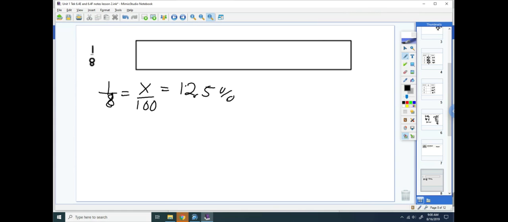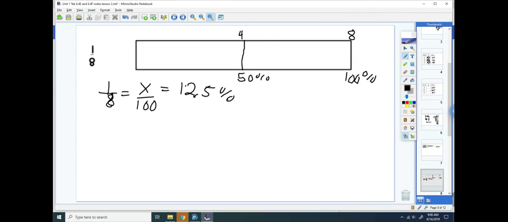I can also show you this using a strip diagram. So this strip is a whole. So at 8, which is the same thing as 8 over 8, that's 100%. So halfway, which would be about here, a little bit not perfect, at 4 would be 50%.